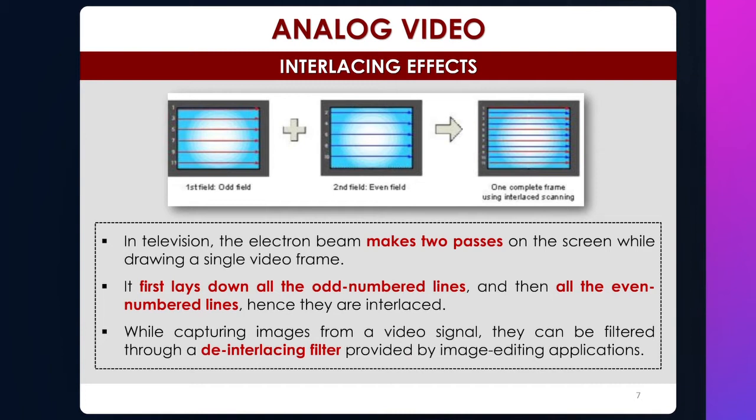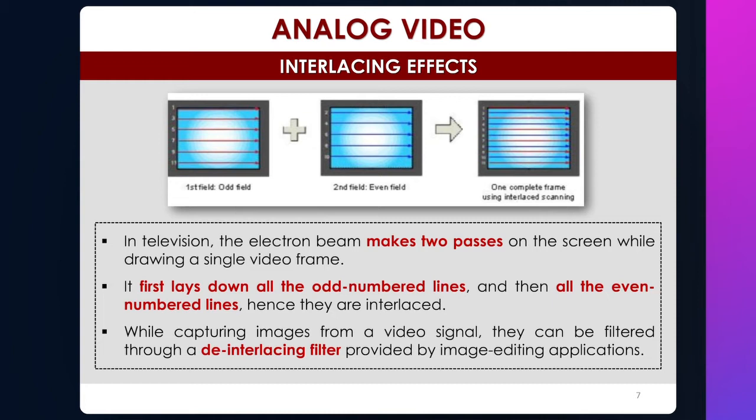So actually there is what we call the interlacing effect. The frame itself has a first field, which we call the odd field, and then continues with the second field, which we call the even field. Once it is complete, the frame using interlace scanning doubles.